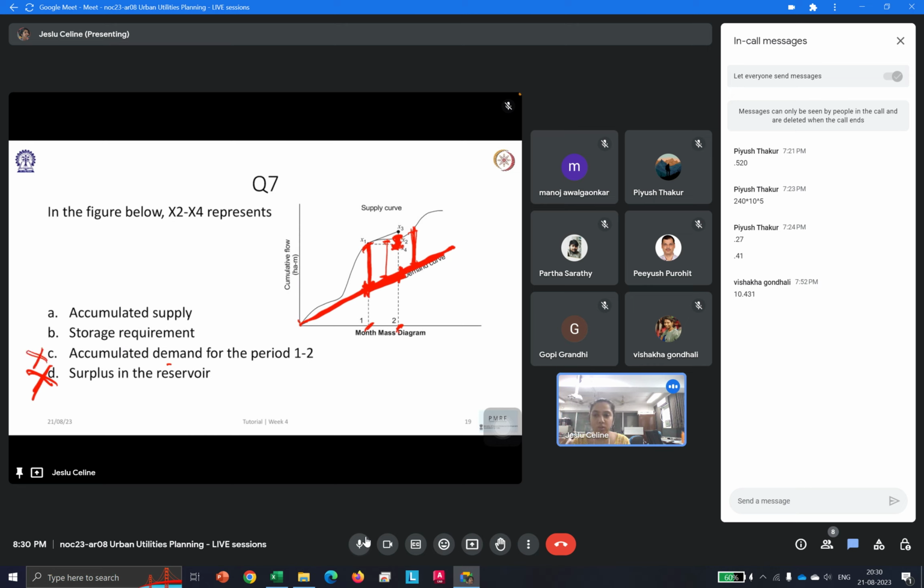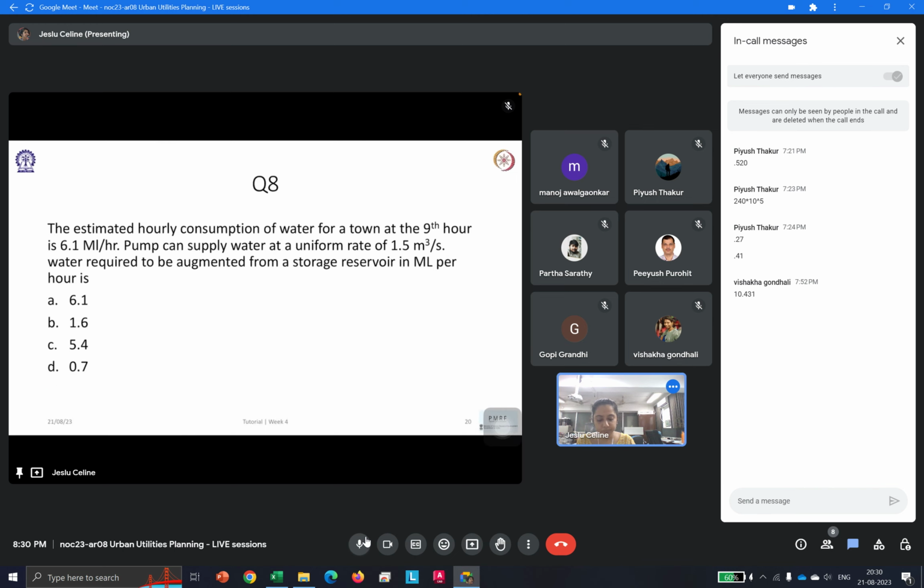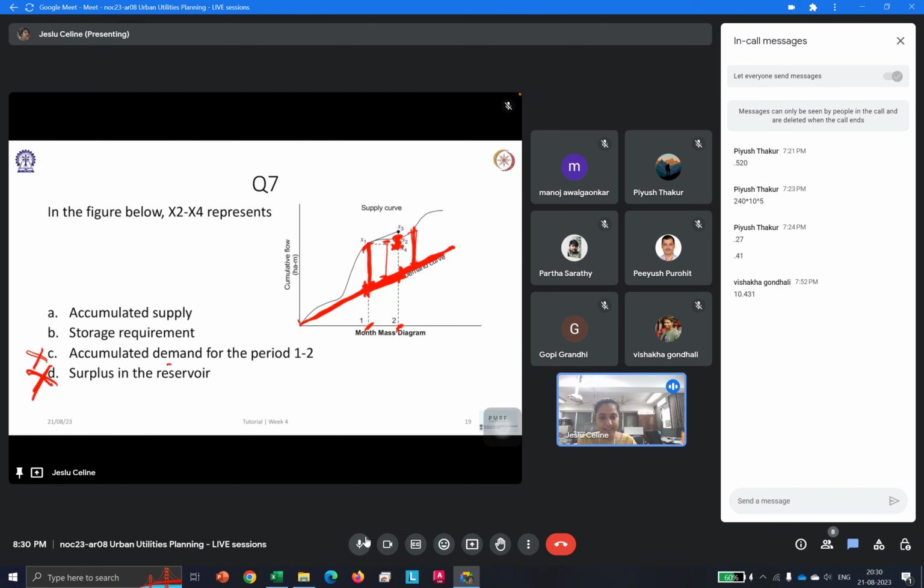And is it the storage required? Anybody, is it the storage required? I think no, because that's what we've been discussing. Storage required again needs the maximum between supply and demand, so we'll need this value, which is the surplus in the reservoir in this case.